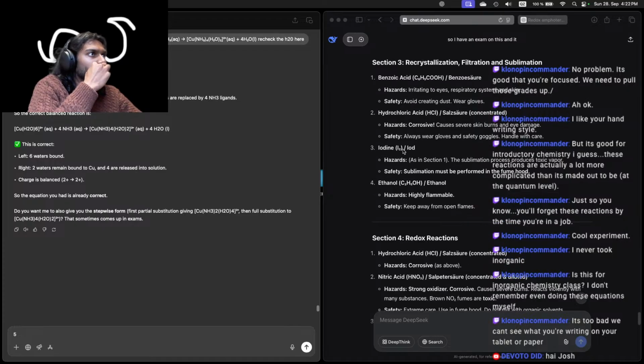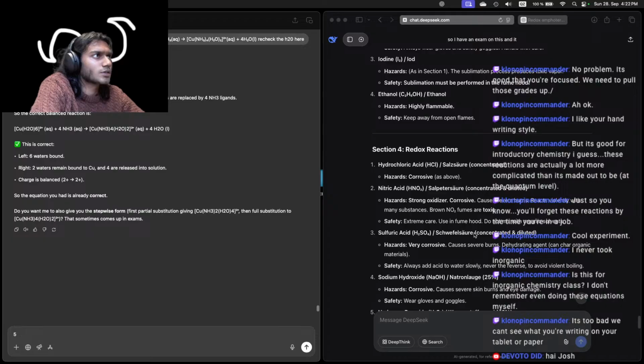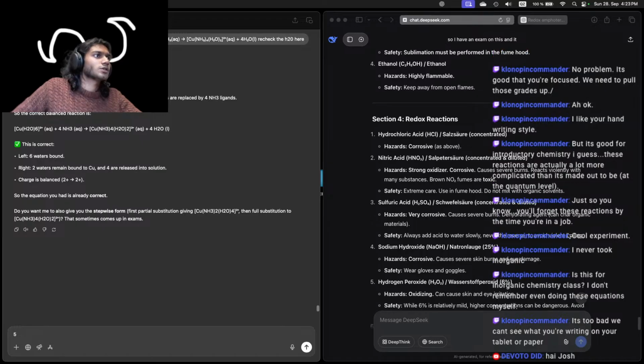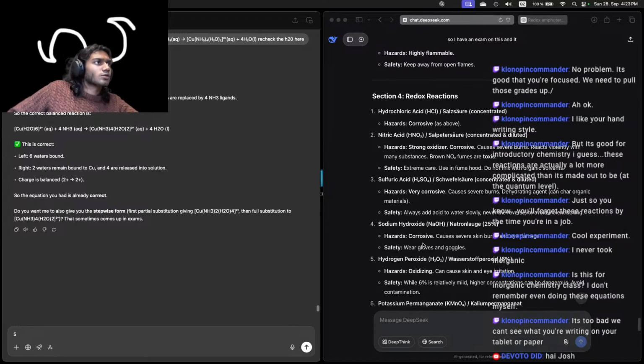Sublimation produces toxic vapors. Ethanol, highly flammable. Nitric acid, strong oxidizer, corrosive, causes severe burns, reacts violently, nitrogen gas or fumes are toxic. Sulfuric acid, very corrosive, causes severe burns. Sodium hydroxide, corrosive, severe skin burns, eye damage.